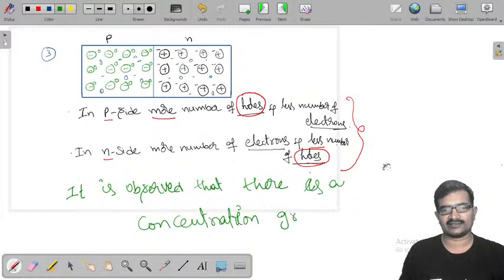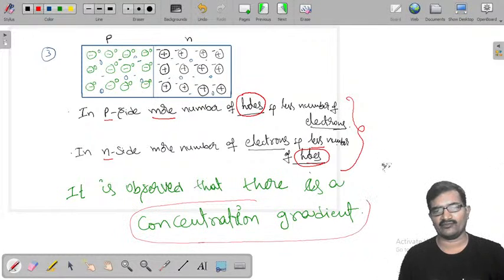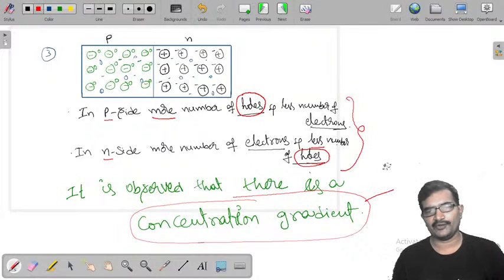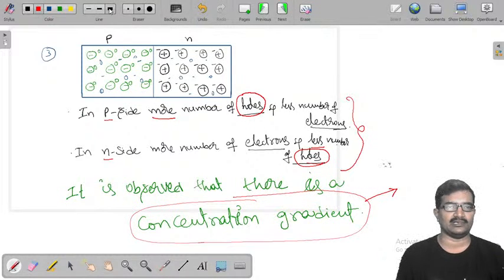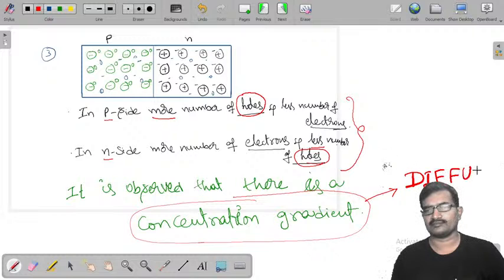So once we have a concentration gradient, immediately we can expect diffusion.